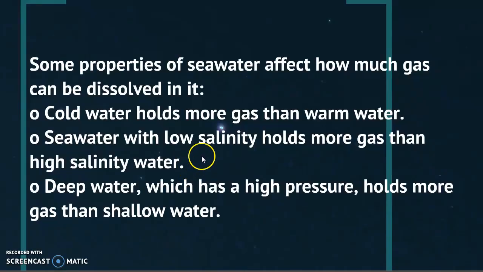And that's why you find that warm water has high evaporation. If the water is being evaporated off, there's more salt at the top of the water. At the bottom of the ocean, where there's no evaporation, the salt stays better mixed, so you find less salinity. The deeper water, which has more pressure, holds more.